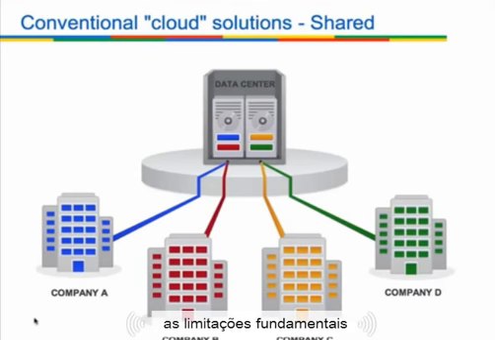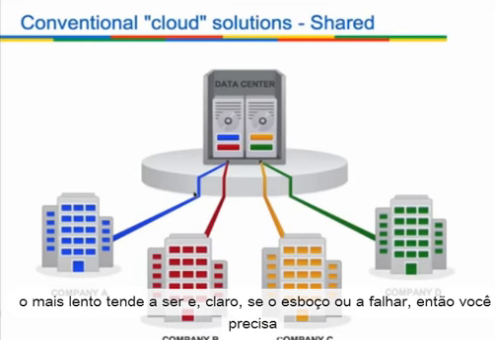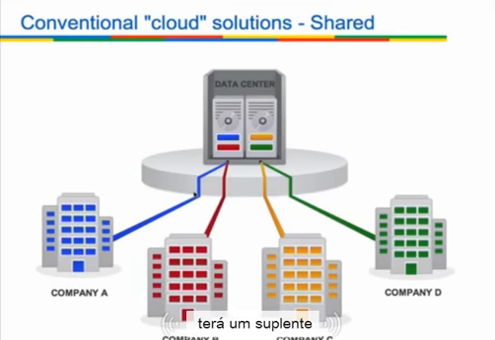However, the fundamental limitations, the reasons why many of you have engaged this webinar in the first place, those limitations are fundamentally the same. So, for example, the more people there are in this building, the slower things tend to be. The longer this network connection, the slower it tends to be, and of course, if this connection were to fail, then you need to have an alternate.